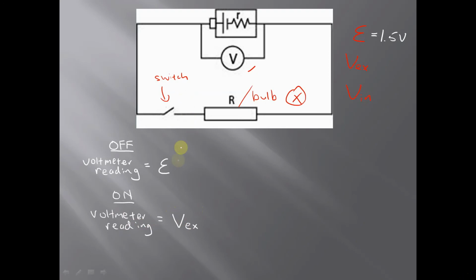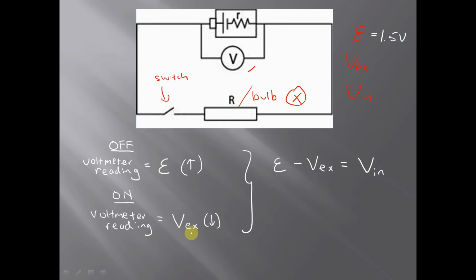Ini adalah satu nilai yang lebih tinggi, dan ini adalah satu nilai yang lebih rendah. Apabila kita ambil nilai lebih besar minus nilai lebih kecil, you akan dapat satu nilai yang baru, dan nilai baru itu kita namakannya the internal voltage. That's how it comes about.